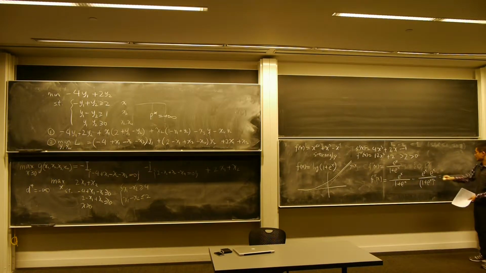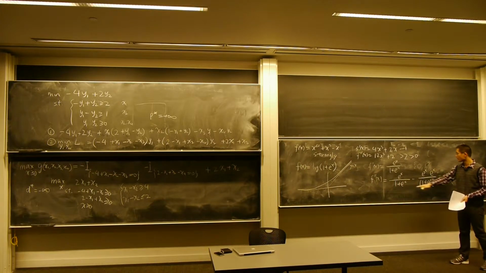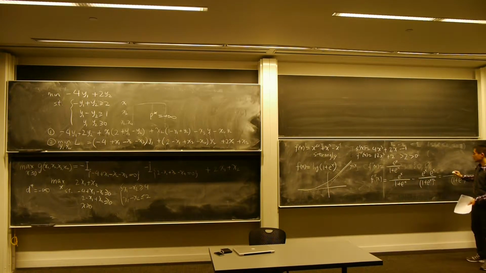And then you merge the two fractions. You get e^x plus e^2x for the first fraction minus e^2x. And these two cancel.